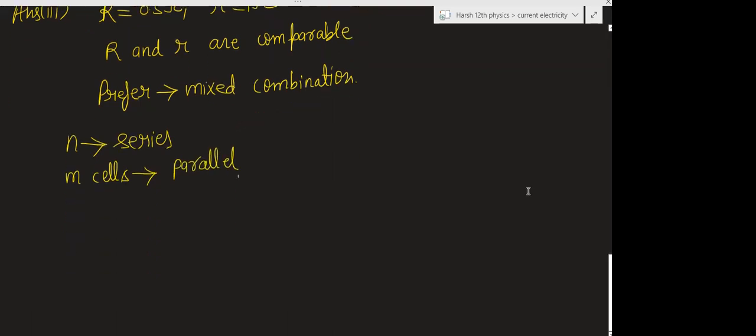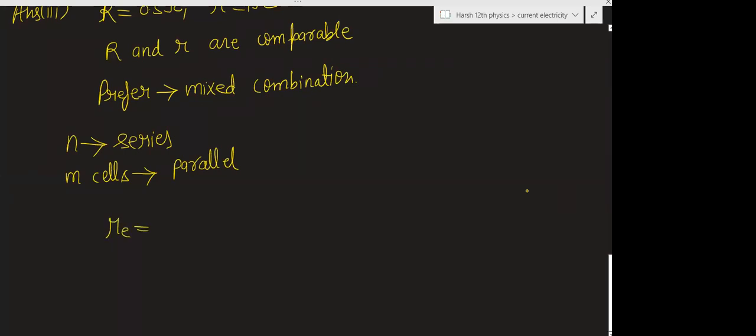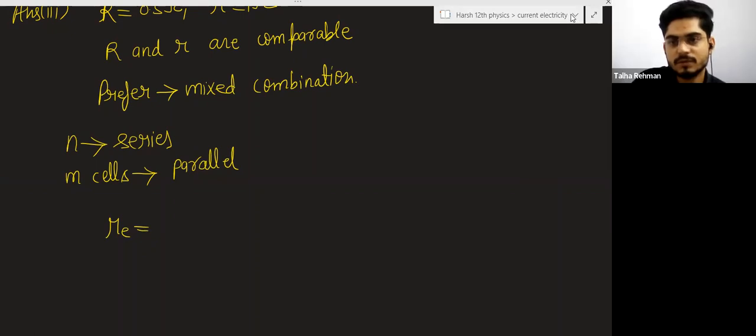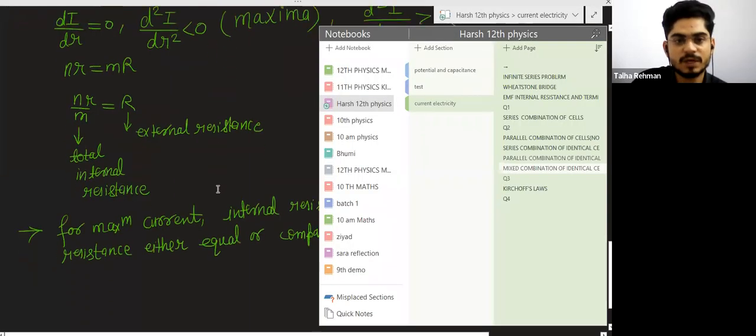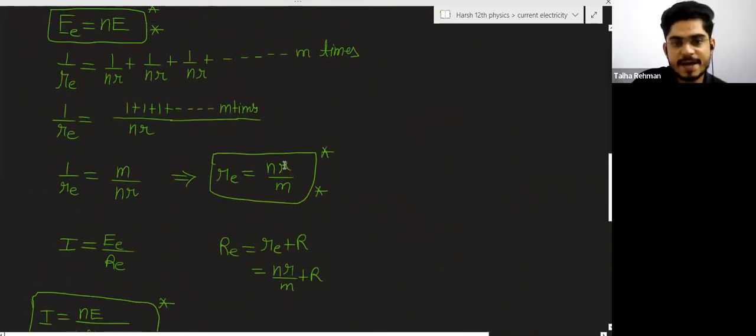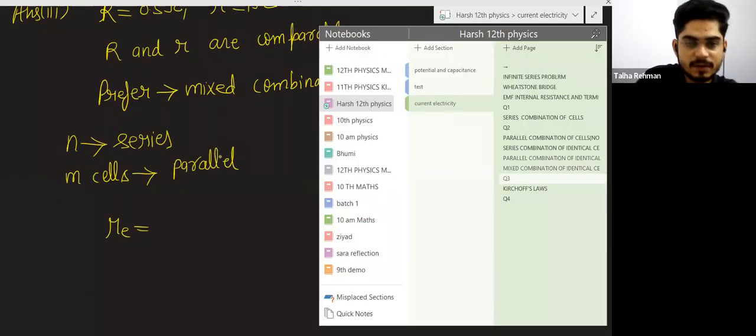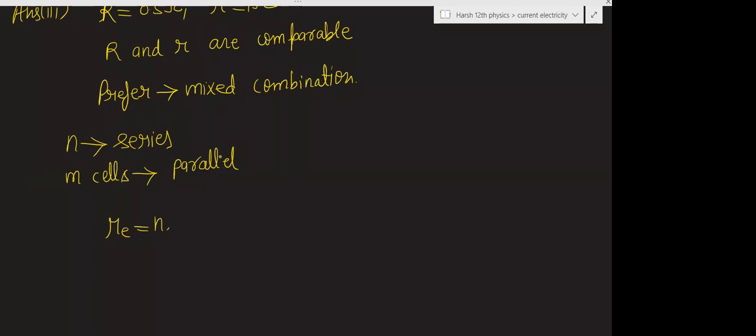What was the equivalent of this R? We have already derived the formula: for R equivalent, it is nR by m, when n cells are connected in series and m in parallel.